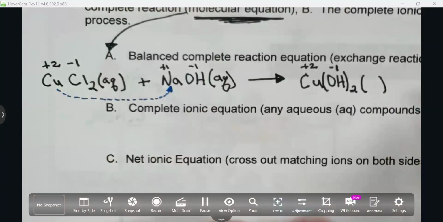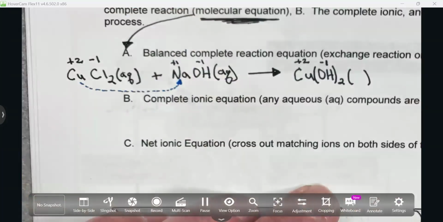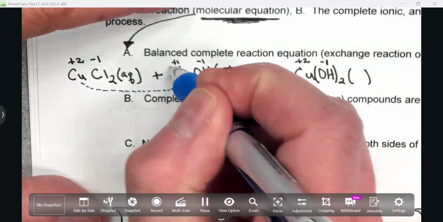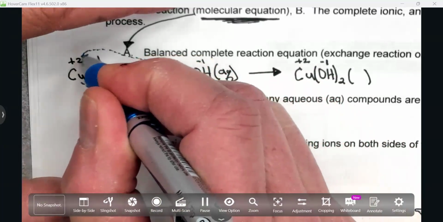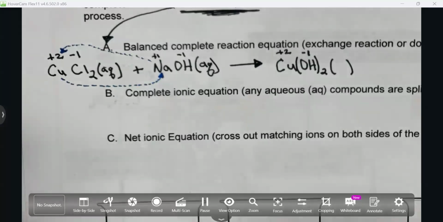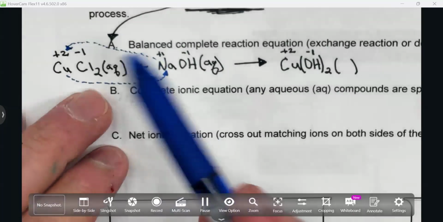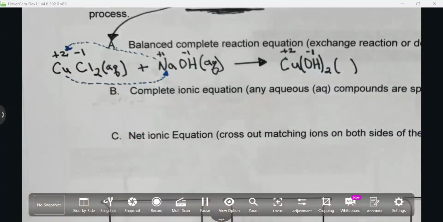And we can look that up coming up. And then sodium takes the place of copper. Now, listen, listen, listen. Just because there's Cl2 here does not mean it's Cl2 on the other side. Do not carry a Cl2.